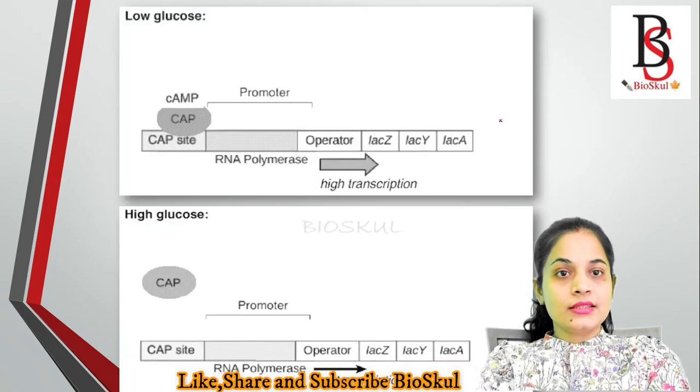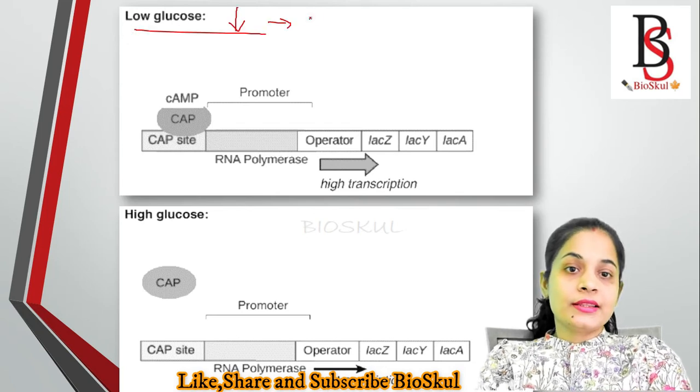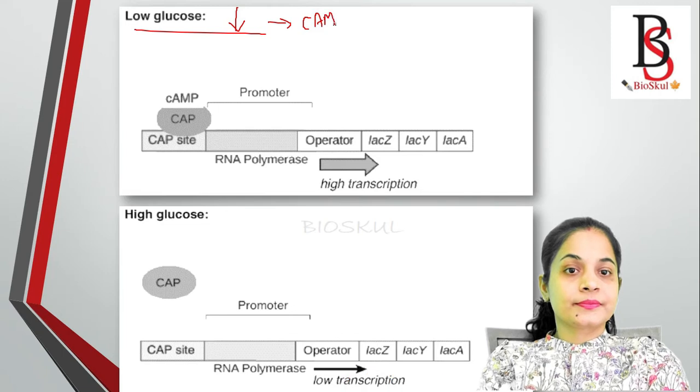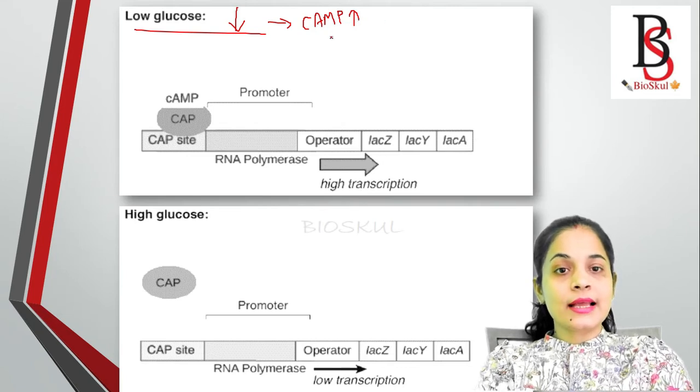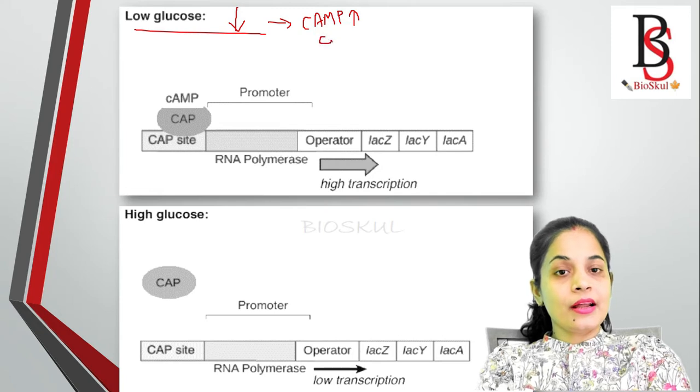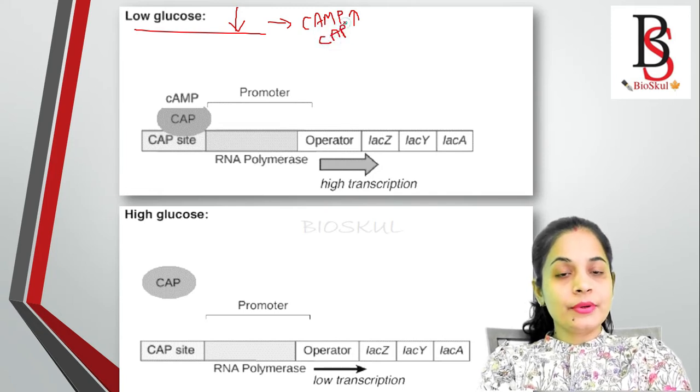Now we'll see what happens when the glucose concentration is low. Does the cyclic AMP concentration increase or decrease? When the glucose concentration is low, adenylyl cyclase will be active and it will convert the ATP to cyclic AMP. Now the cyclic AMP concentration is high. So the cyclic AMP can bind to the catabolite activator protein CAP.